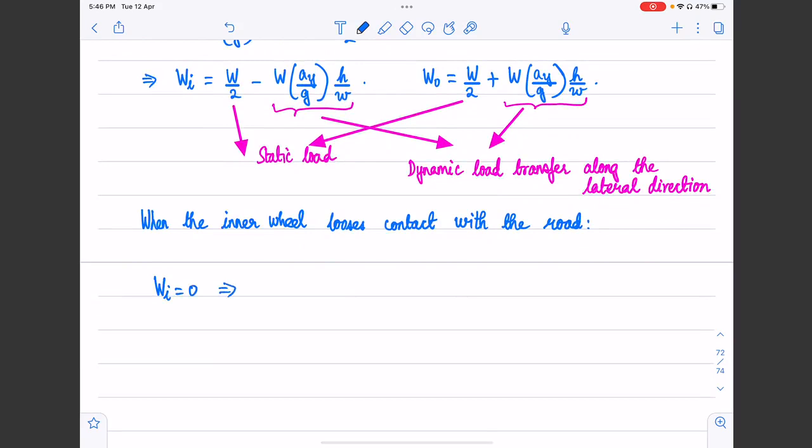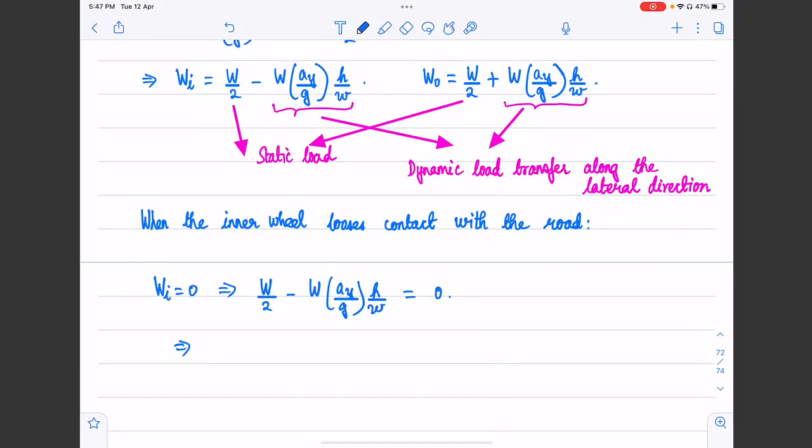If Wi equals 0, what do we get? We get W by 2 minus W times Ay by g times h by w equal to 0.